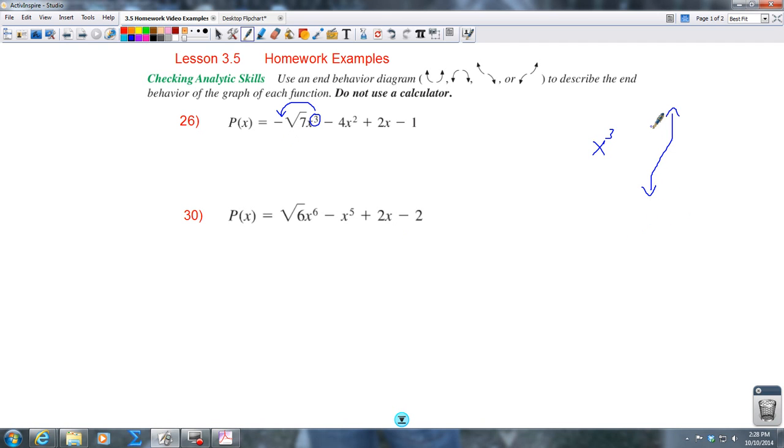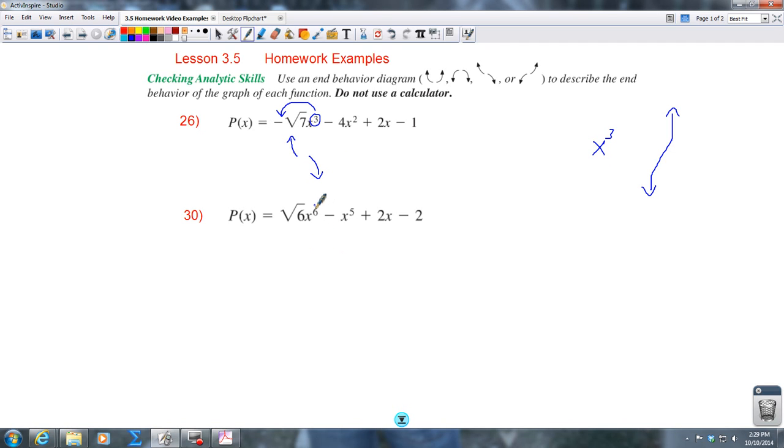So this little section over here will go up, and this section down here will go down, and you will end up with the snake going the other direction. That would be this guy right here, which is going to be up to the left and down to the right. And notice that we're not connecting this because we don't know what's going to happen in the middle. We only know the ends of it.